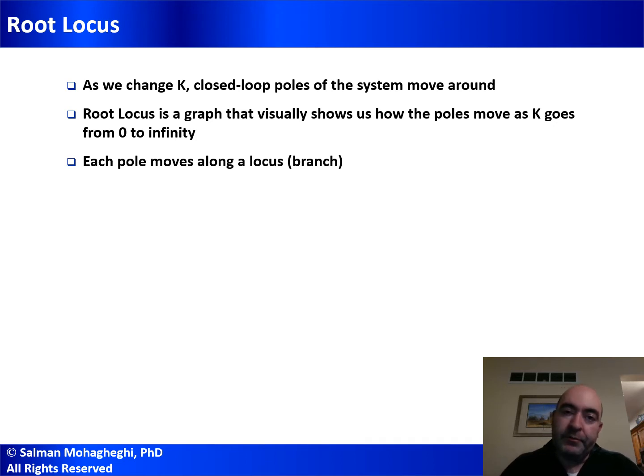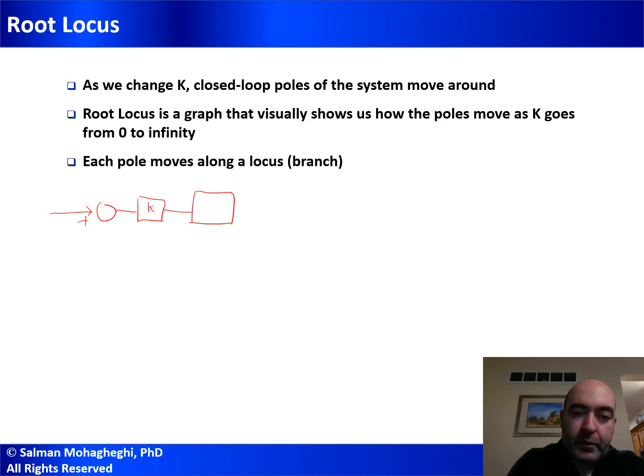Before we get into the discussion of the features of root locus, let's clarify that through a very simple example. Let's say I have a system that consists of a constant gain controller and a double integrator, so 1 over s squared, and a unity feedback loop.